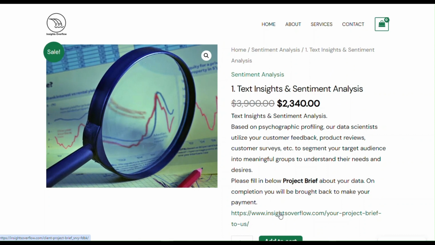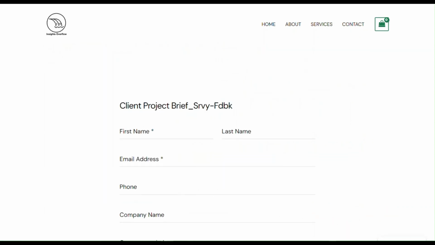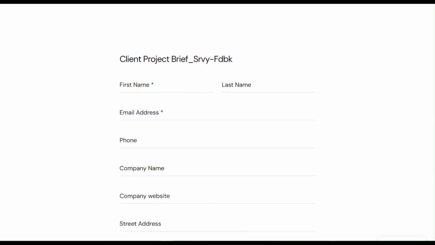We ask you to fill in a project brief prior to uploading your data. Please fill out all possible areas of the form, giving us as much details as possible.